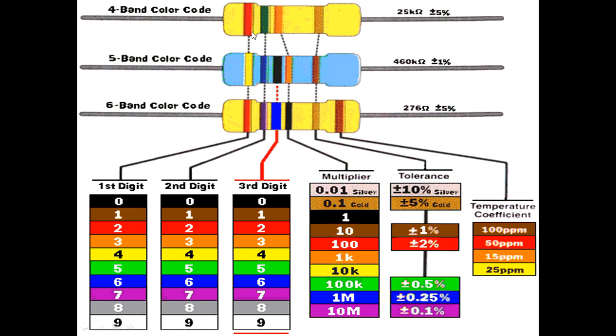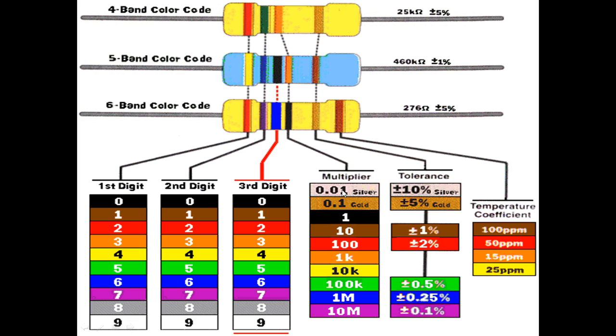The first band's value is the first digit; its value is 2. The second band's value is the second digit; its value is 5, and together we get the value 25. The third band is the multiplier.